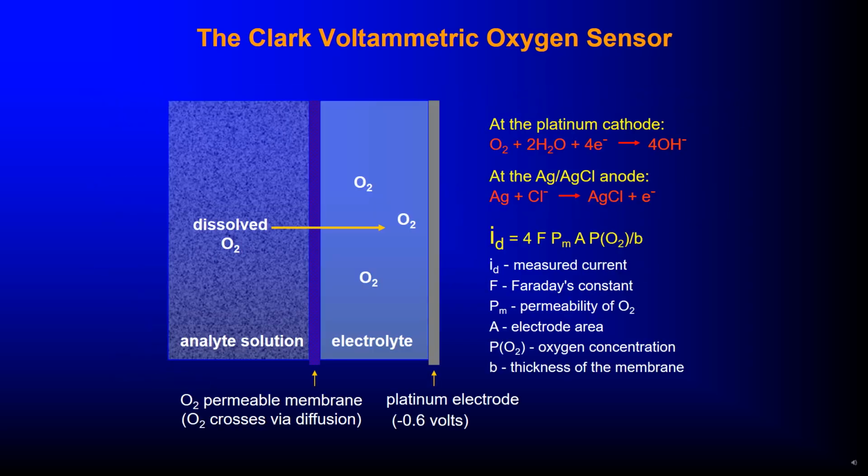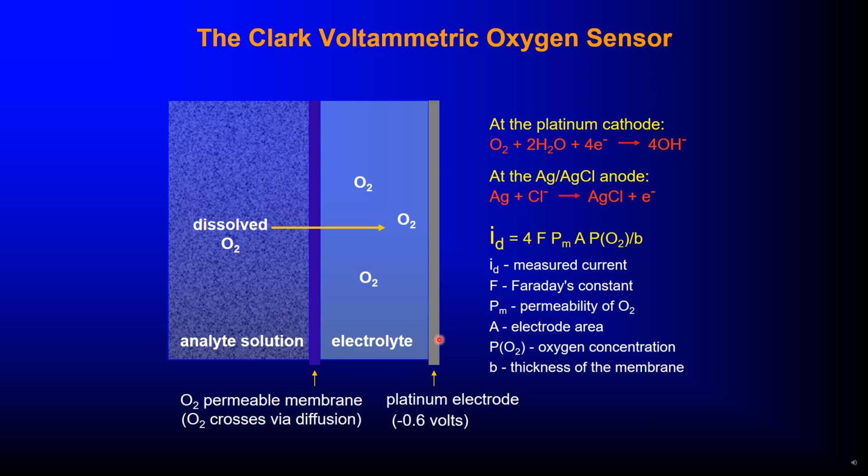By a thin solution of potassium chloride, as you can see. The working electrode is a platinum disc cathode, as you can see here. And a silver ring anode is the counter electrode.